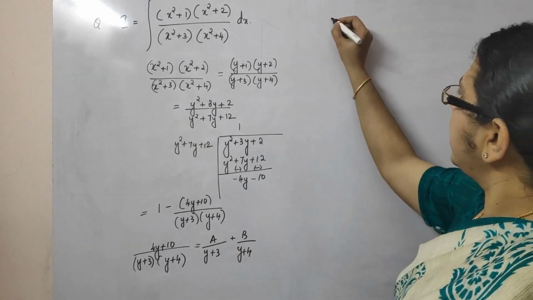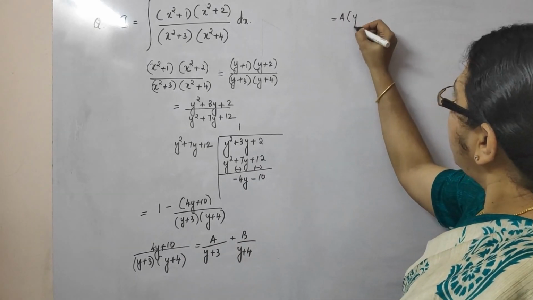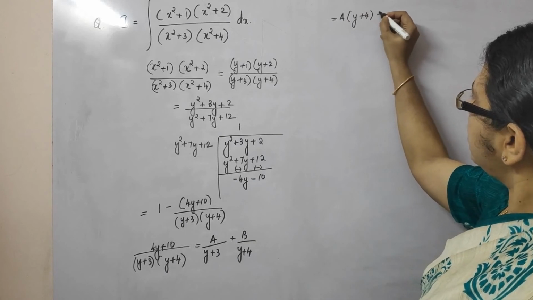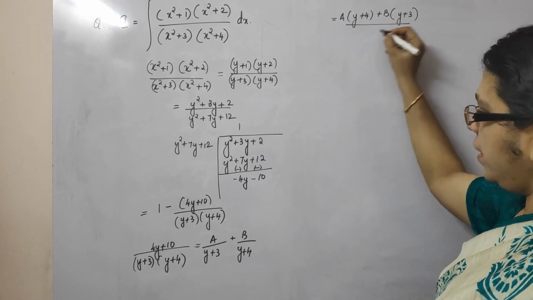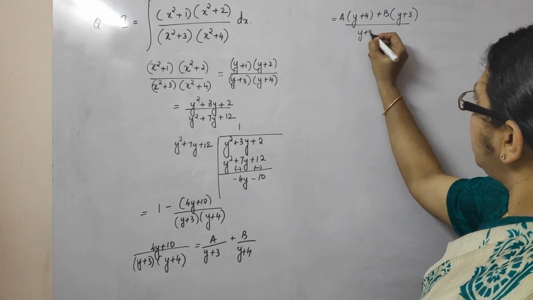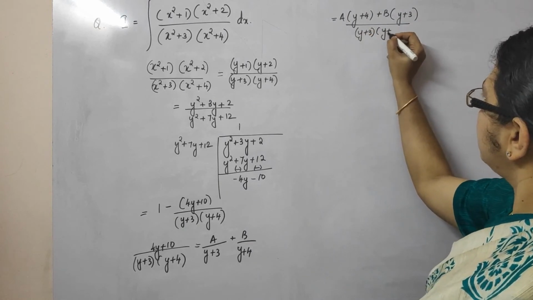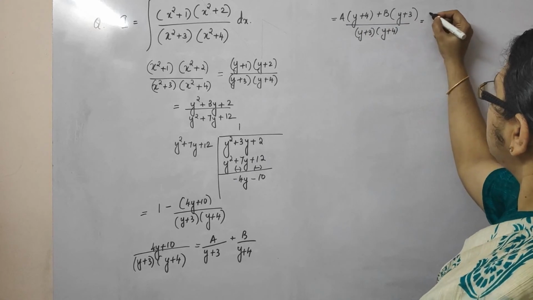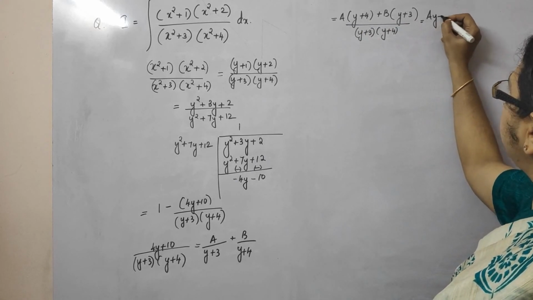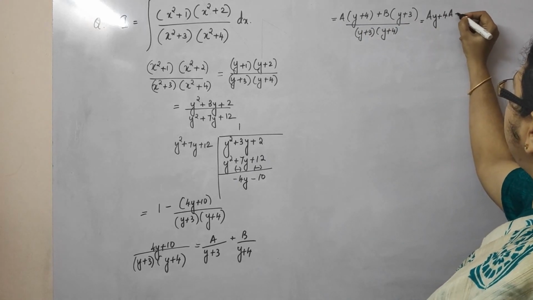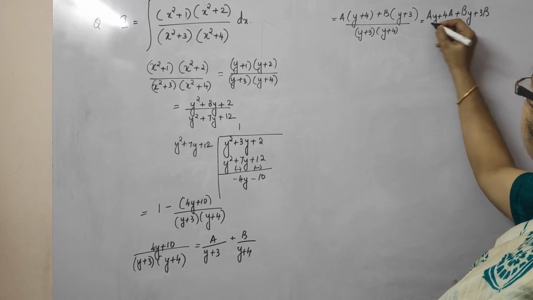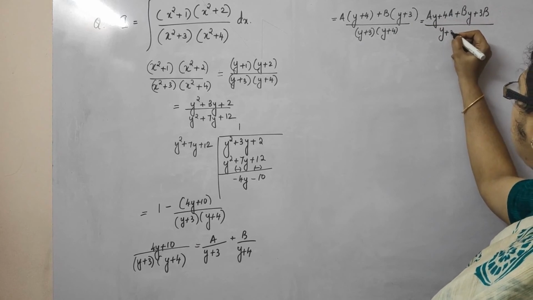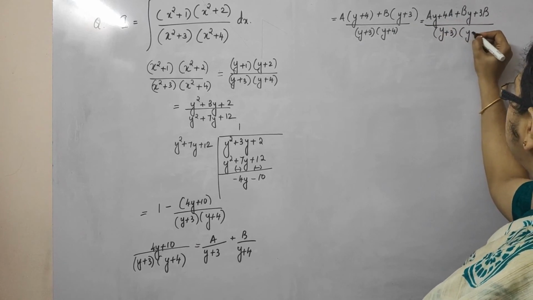So what will I get? a(y+4) + b(y+3) by (y+3)(y+4). Now this is the same as ay + 4a + by + 3b divided by (y+3)(y+4).